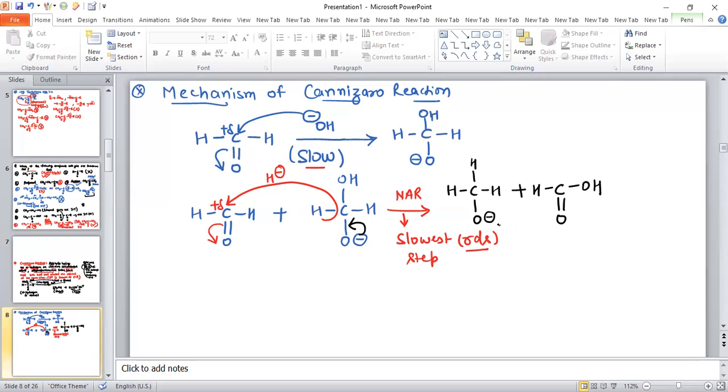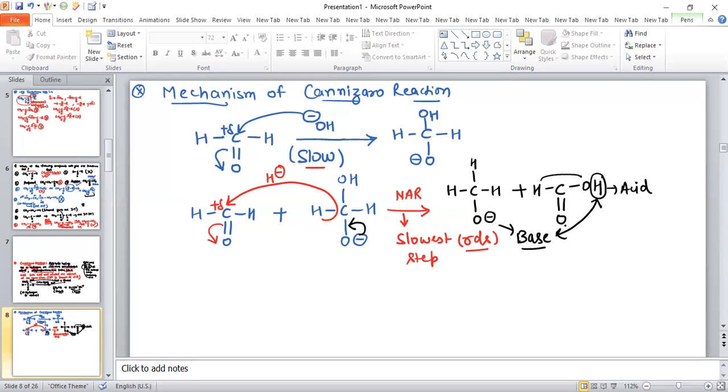Because this O minus will behave as a base. This hydrogen is acidic hydrogen because it is present on the carboxylic acid. So this acid base reaction will also take place.